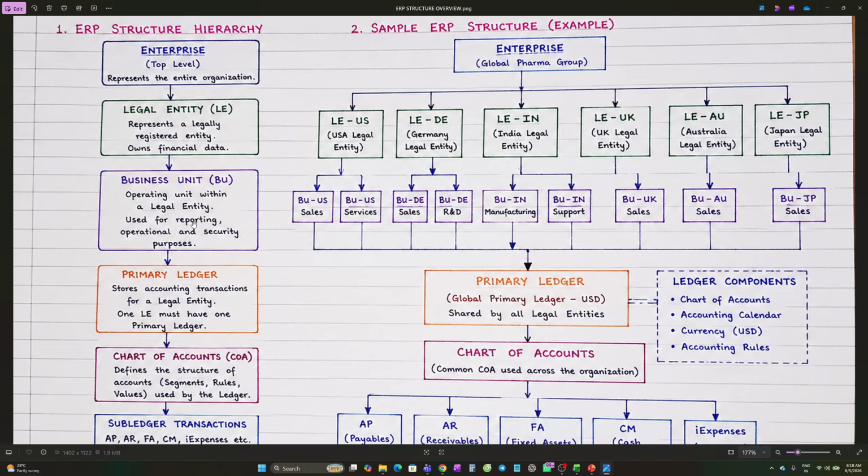For reporting purpose, suppose the company is registered in India, we need to report the company status and the company profits and losses to the concerned government, the concerned income tax authorities, and for operational and security purposes.